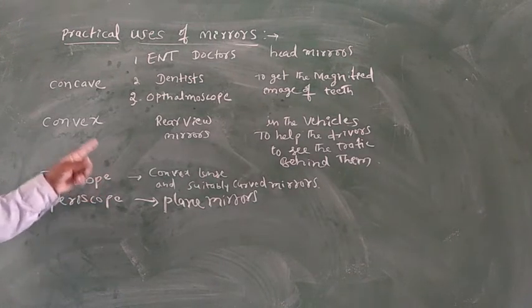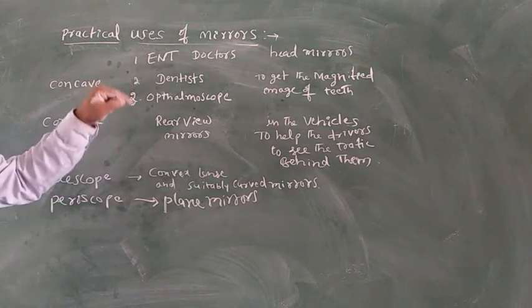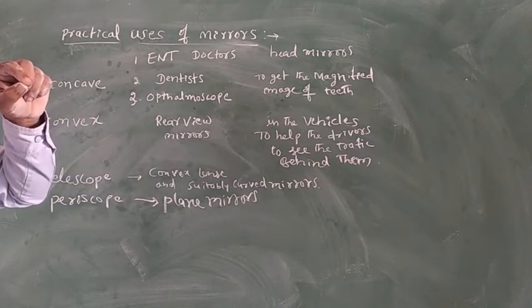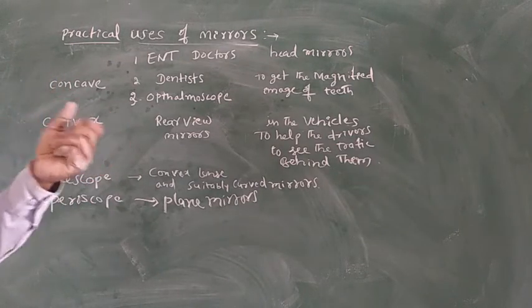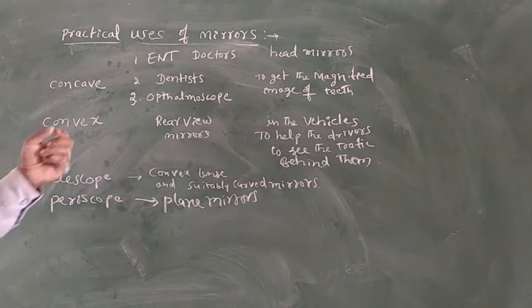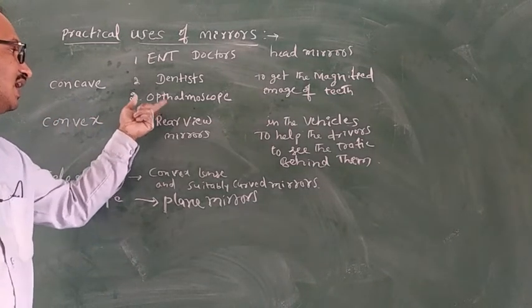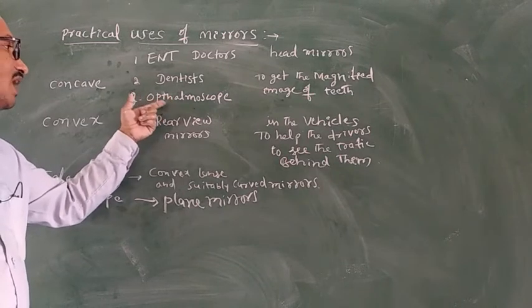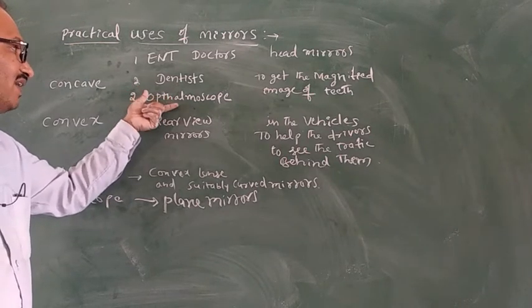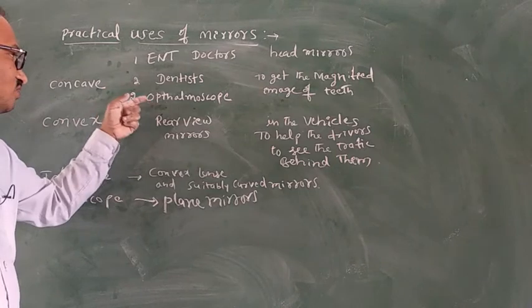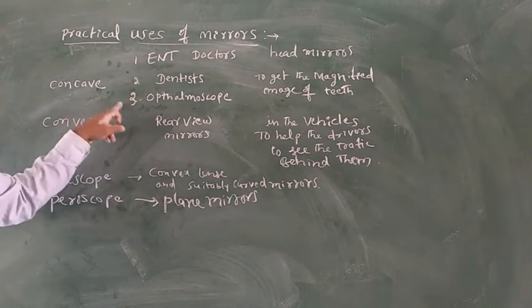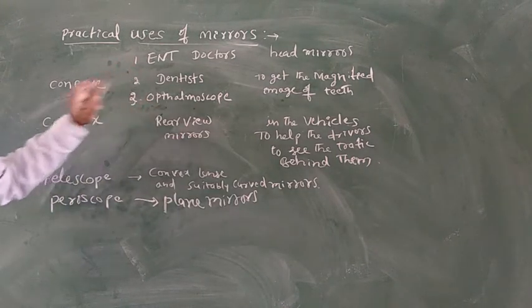This concave mirror helps the doctor direct a beam of light into the patient's eye, so they can see the retina clearly. Eye specialists use the ophthalmoscope.